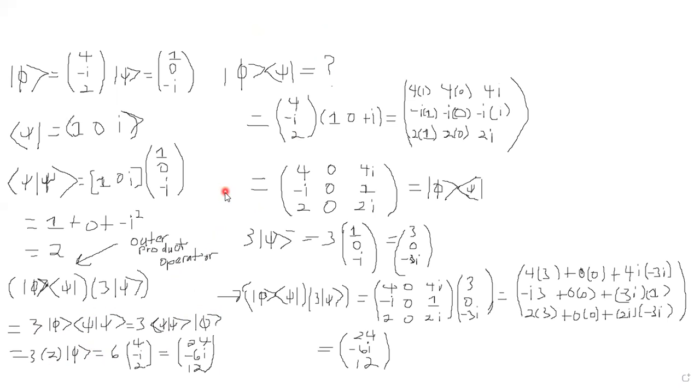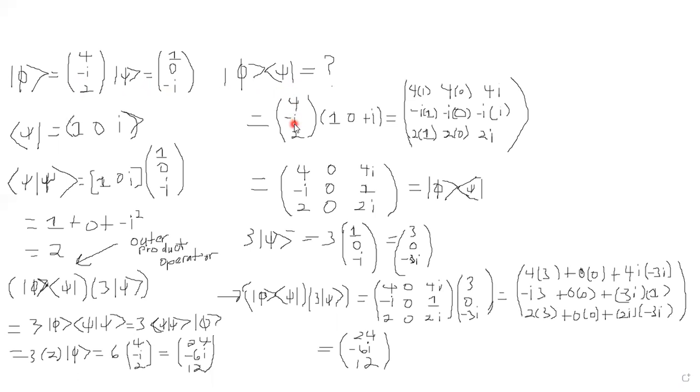But what is this really? I said it was a matrix, and I'm going to show quickly that it is a matrix. What I'll do is take the two kets here, but I only need to make this one into a bra.